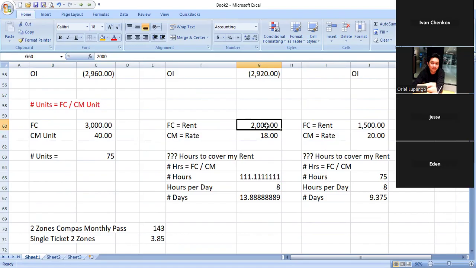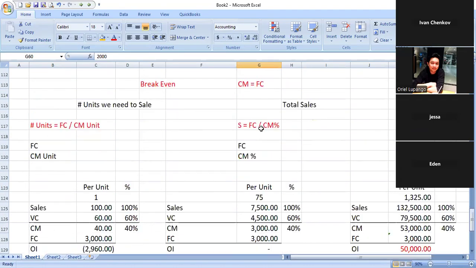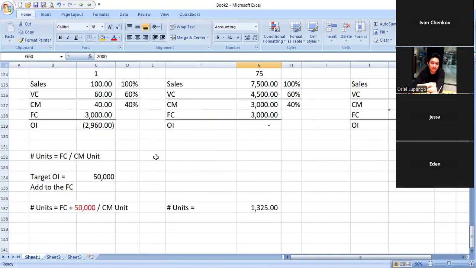You have to add the $1,000 to the rent and run the calculation. And you're going to see how many hours you now need to work to get the rent plus $1,000 cash. So every time you need the target, this is called the target operating income. If you want the target, you have to add it to the fixed cost. That's to get the number of units.